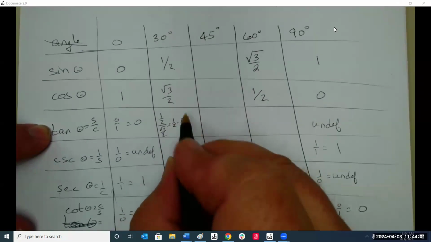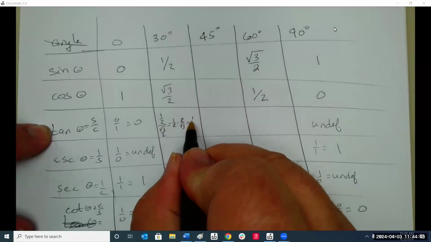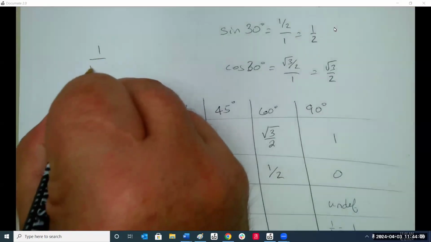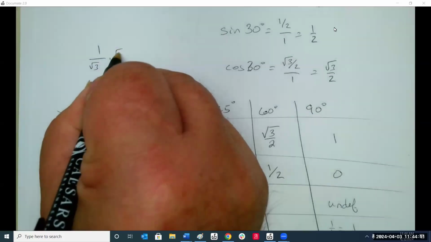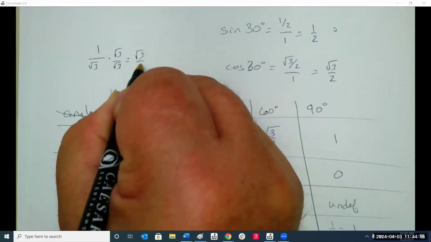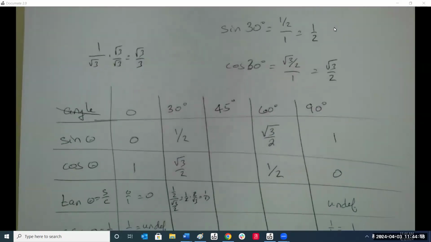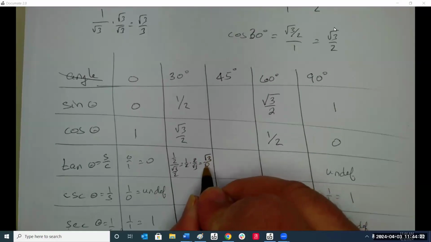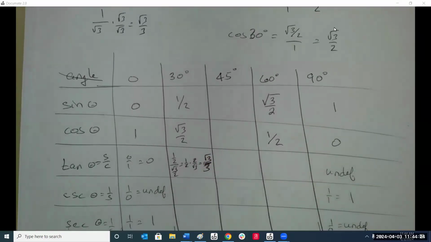The 2's cancel. 1 over square root of 3. Remember, you cannot have a square root on the bottom. So 1 over radical 3, we have to rationalize it. Becomes square root of 3 over 3.